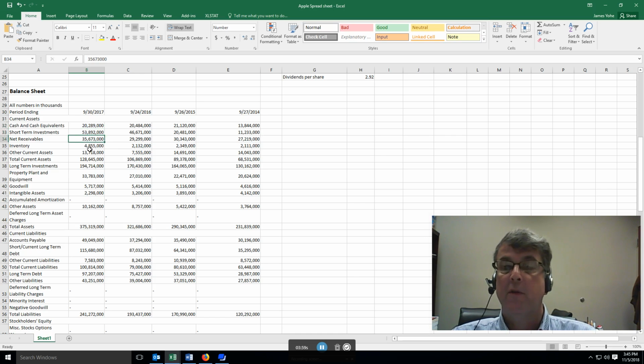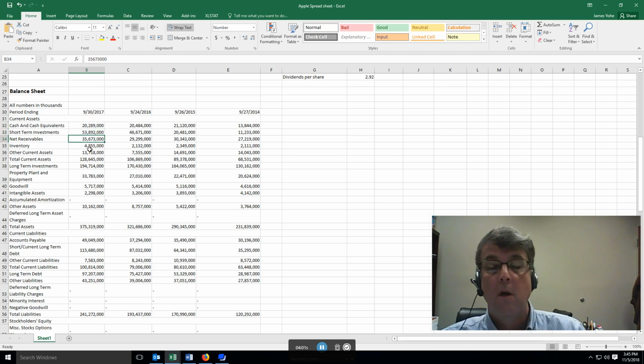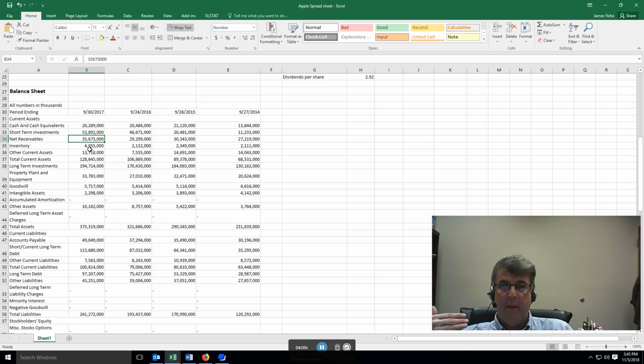Net receivables are money that's owed to you by your customers. In this case, maybe Apple has sold some phones to AT&T and they haven't received the payment yet. They could go 30, 60, 90 days, something like that. They're always less than a year. And then we have inventory, which is a controversial one we'll talk about in a little bit.